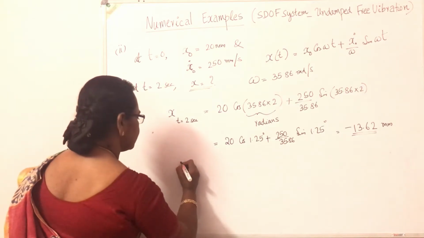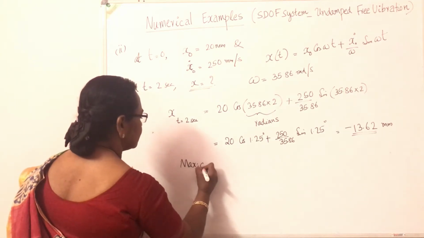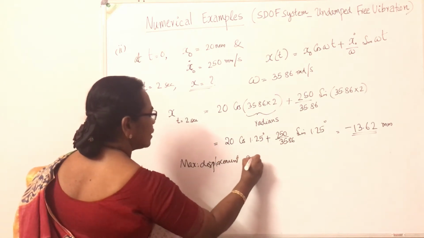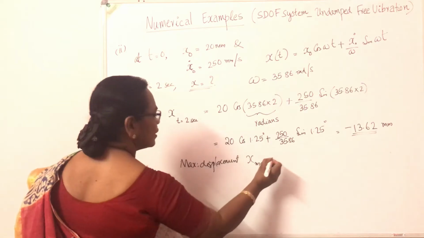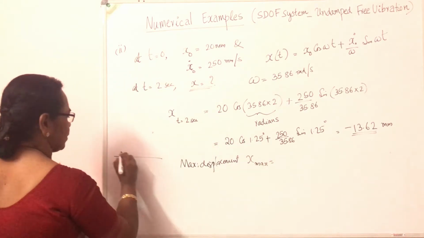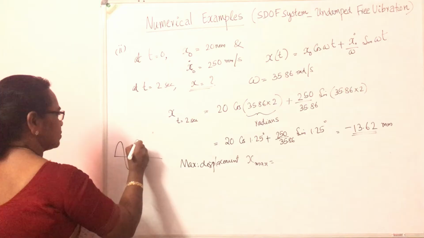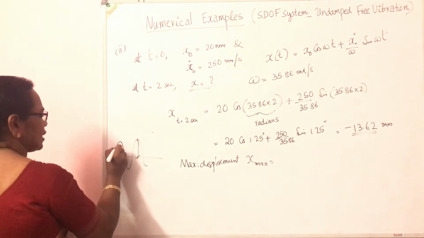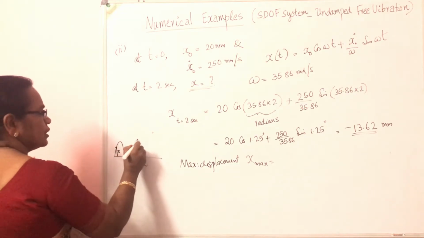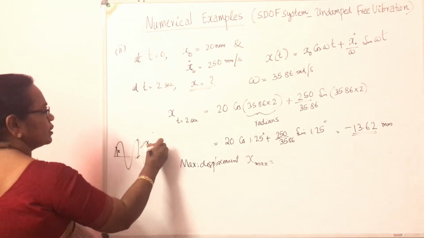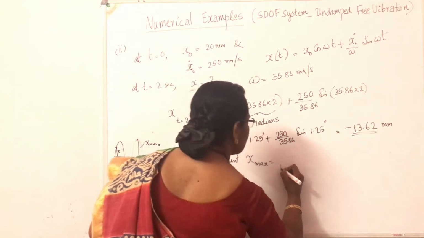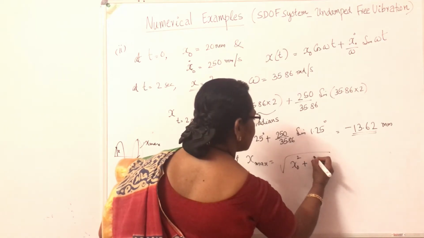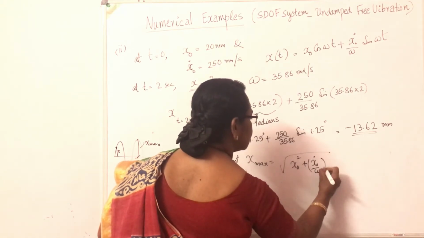And the maximum displacement. The maximum displacement, x max, is nothing but the maximum displacement from the mean position, the amplitude of vibration. The other one is the displacement at any time, say after 2 seconds. That is equal to the square root of x0 squared plus the square of x0 dot by omega.